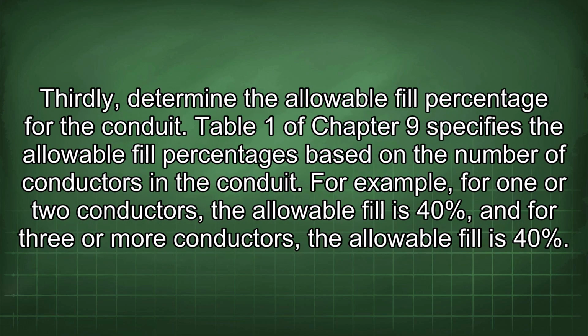Thirdly, determine the allowable fill percentage for the conduit. Table 1 of Chapter 9 specifies the allowable fill percentages based on the number of conductors in the conduit. For example, for 1 or 2 conductors, the allowable fill is 40%, and for 3 or more conductors, the allowable fill is 40%.